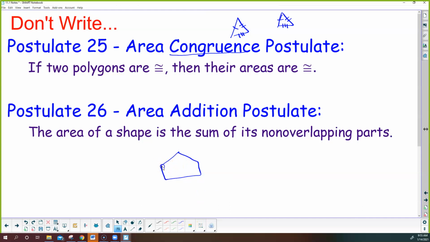I hope you think of it as finding the area of the triangle, the first shape, and the area of the rectangle. So the area of shape 1 plus the area of shape 2 would equal the total area. And we're going to do a couple problems like this. That's why I didn't want you to write this down. But basically you're finding the sum of all the non-overlapping parts and adding them together to get the total area.